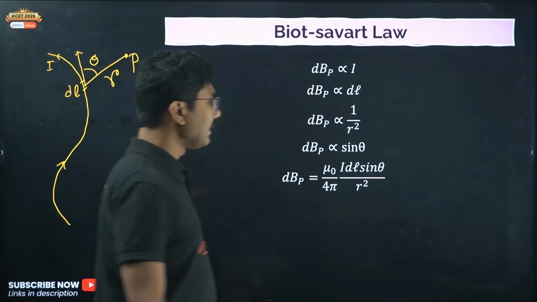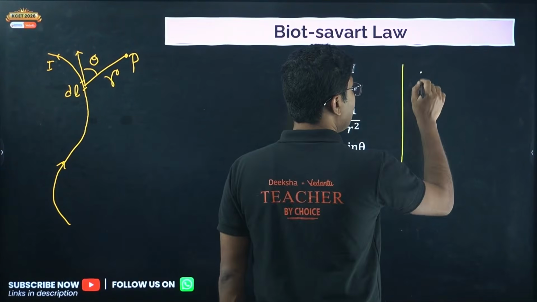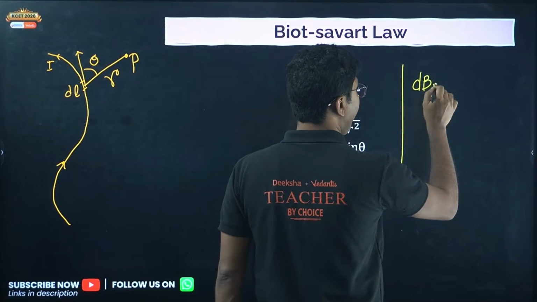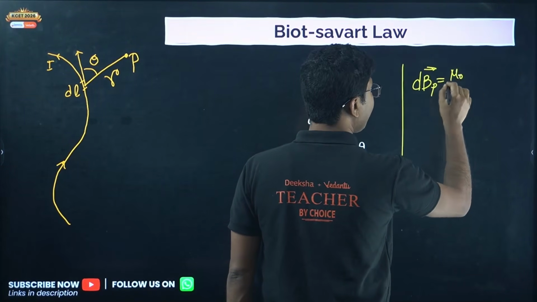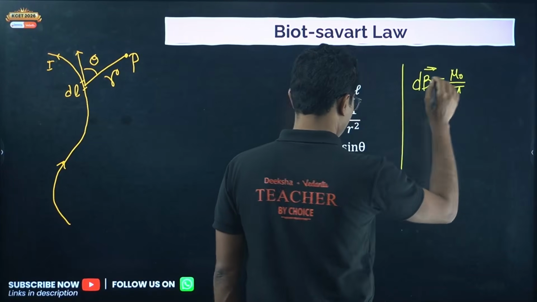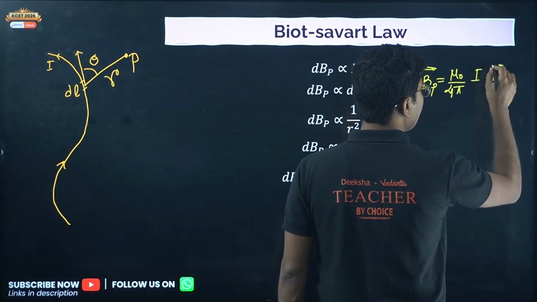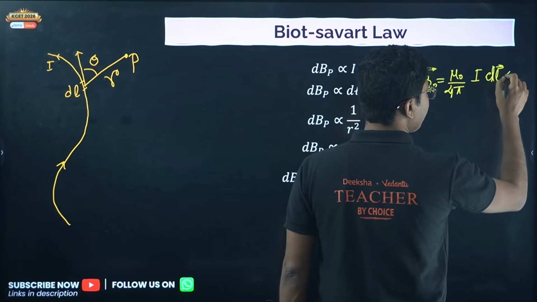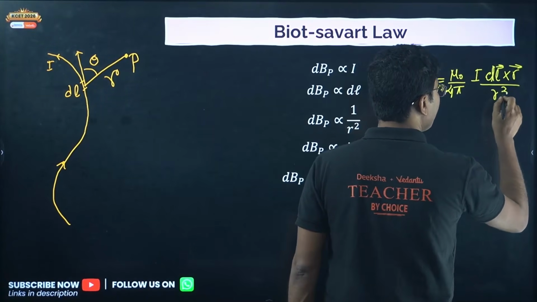In terms of vector notation, this can be written as dBp vector is given by mu naught by 4 pi, I dl vector cross r vector divided by r cube. This is slightly different.